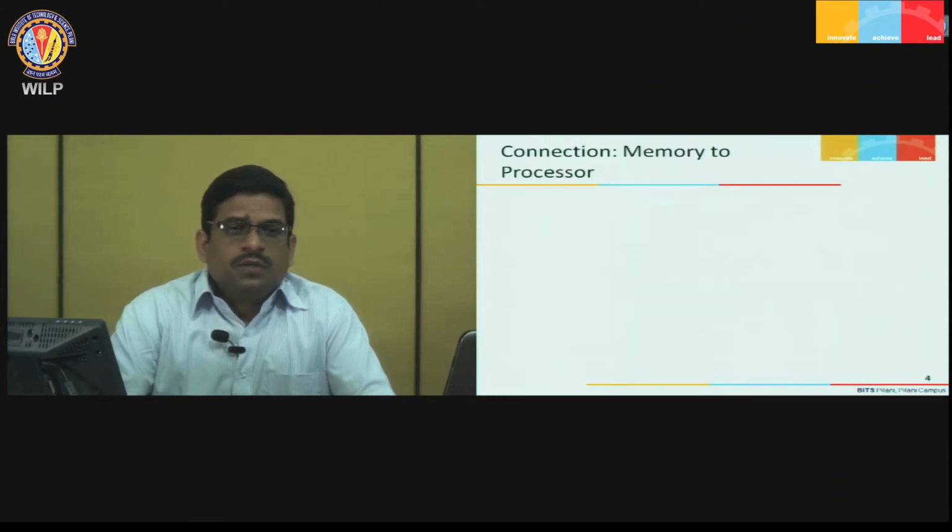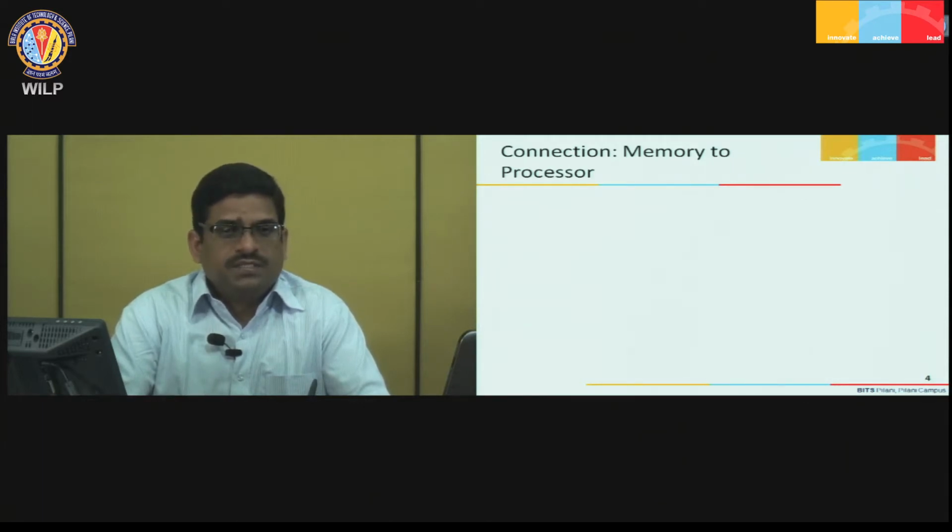So, now look at how the main memory is accessed by the processor. What connections and components are required at the processor side, and the relationship between the memory addressability, address space, and the processor registers.